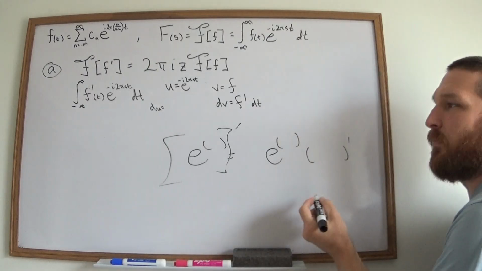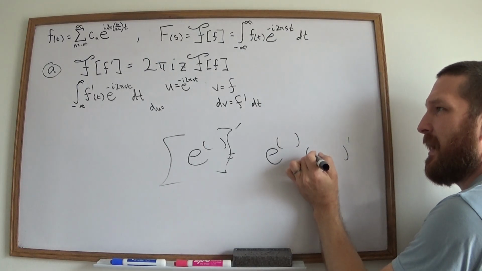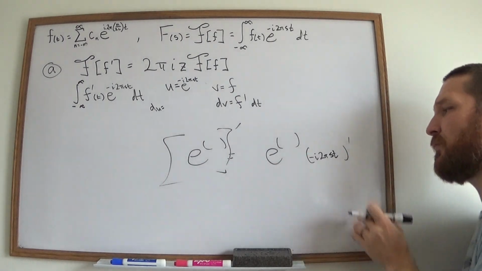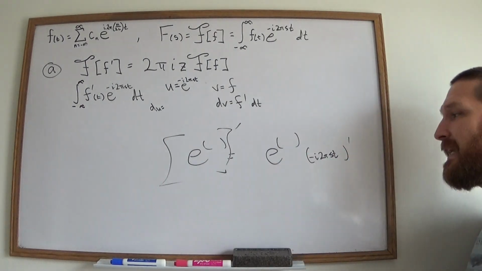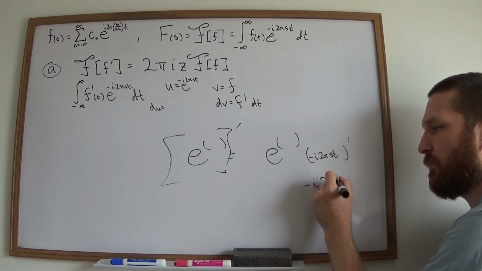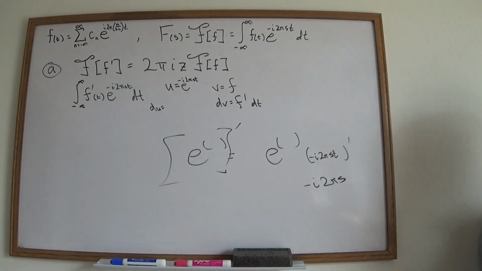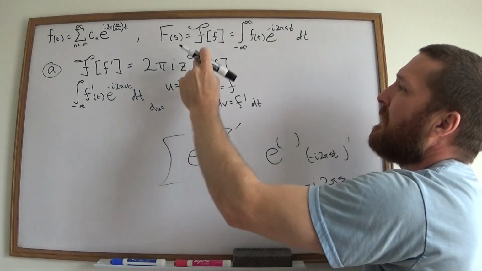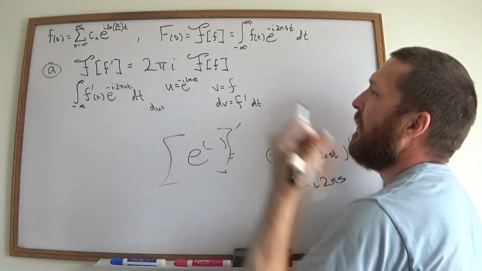Well, what is that stuff? It's negative i 2 pi st. Take the derivative of that with respect to t, and all I have left is negative i 2 pi s. Oh, I used a z in there.